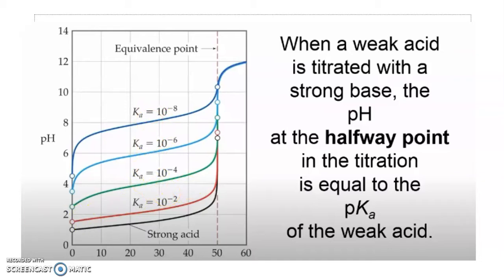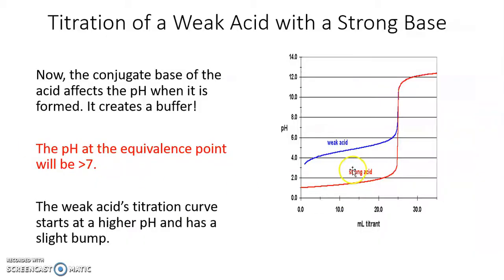Now, the shape of these curves are going to be slightly different. So here's the shape of a curve of a strong acid, very strong S-shaped curve. For weaks, you're going to get kind of a little bump here. In general, it's going to flatten out for a while, and we're going to talk about what that is. And then sometimes, in fact, for some weak acids, this can be really drawn out.